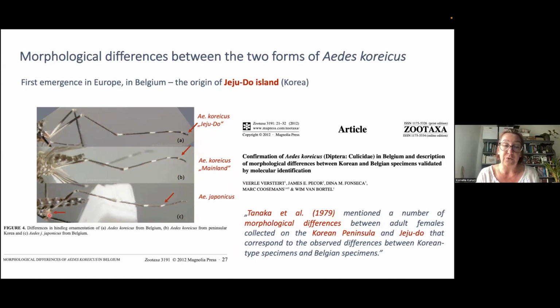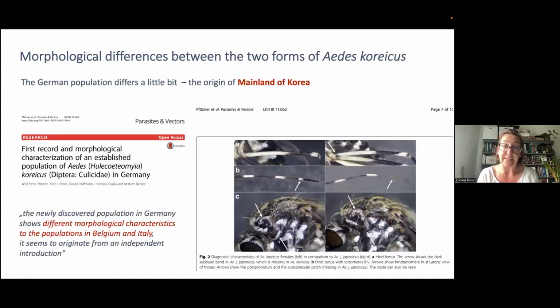And in Japonicus, we can see this tiny black spot at the base of the hind leg, while in the Kornélia forms, it's missing. So it was not new information. We already knew that, we just didn't pay more attention to it.